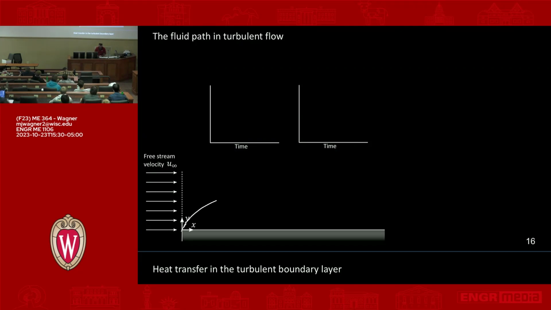Let's draw the boundary layer as it's growing. At some point, it's continuing to grow, but there's a transition to turbulence. The flow will reach this tipping point where the inertial overcomes the viscous, and you start to see these instabilities form.